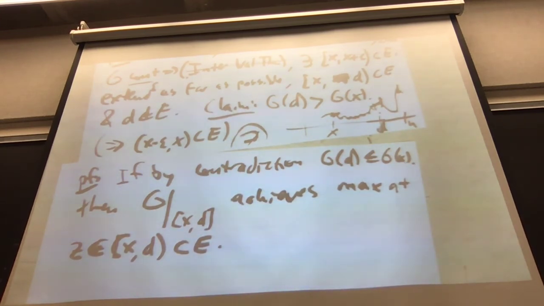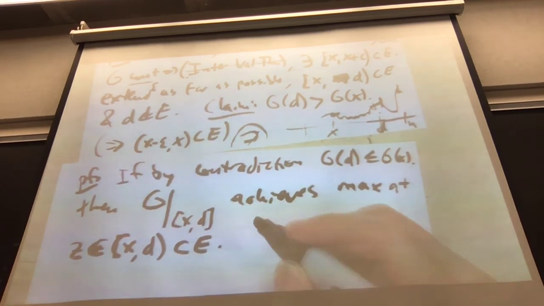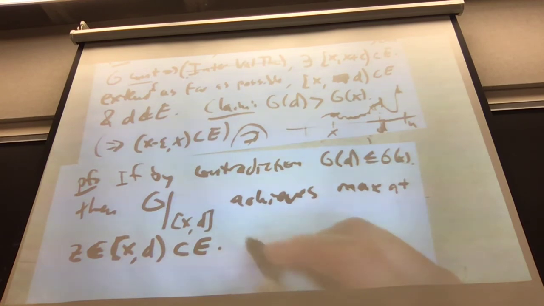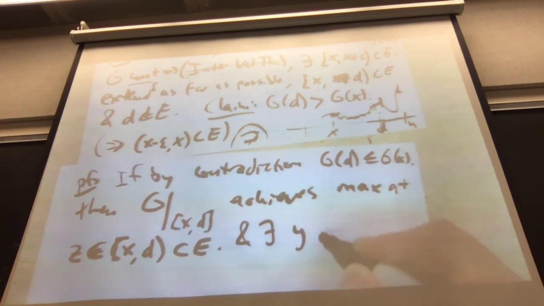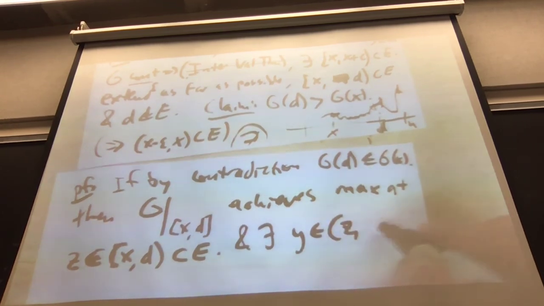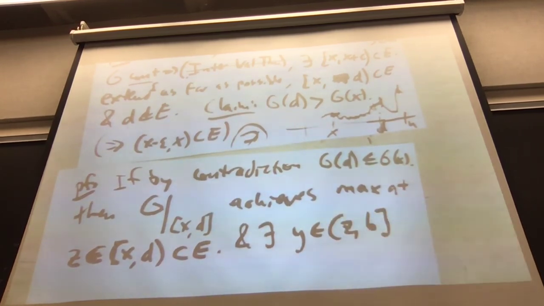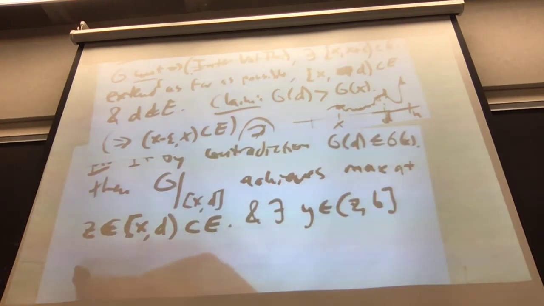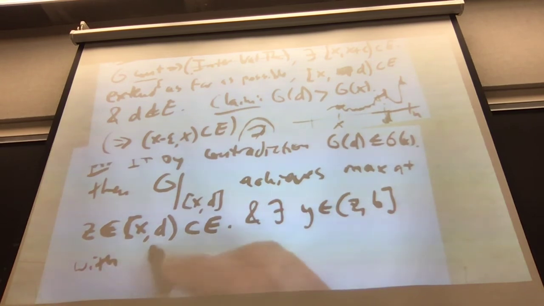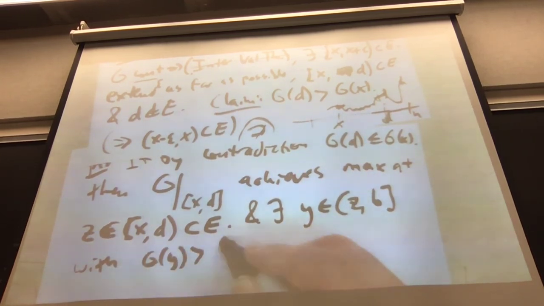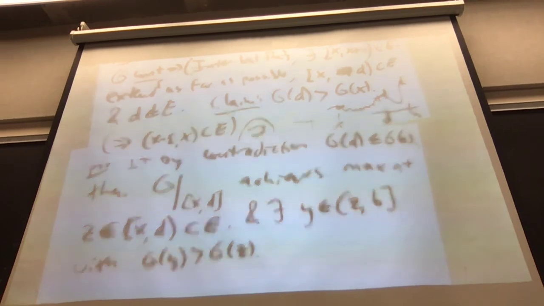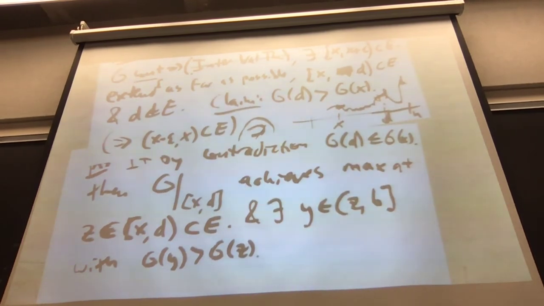So it achieves this maximum value here, but it's still in E. So there exists some y, which is greater than z, but at most b, the other endpoint of when we stop, with g of y strictly larger than g of z, because that's what it means to be in E. Again, let's parse this.